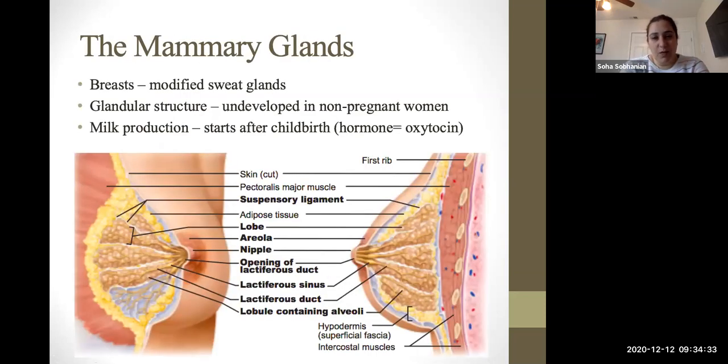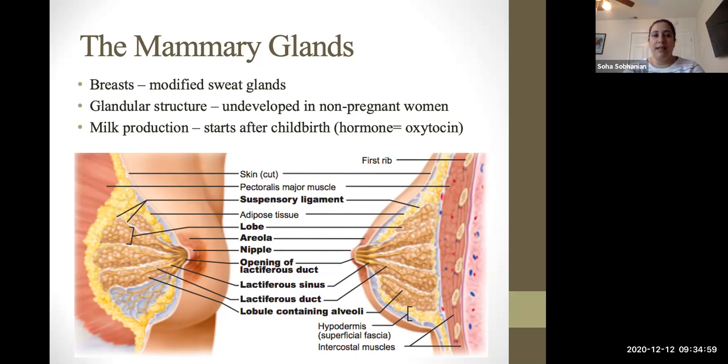Mammary tissue is another one we're going to talk about briefly. That's the tissue you can see in a woman's breast. It is, interestingly, modified sweat glands, which I think is fascinating to think about. The glandular structure is undeveloped when a woman is not pregnant, so it's mostly fatty tissue.